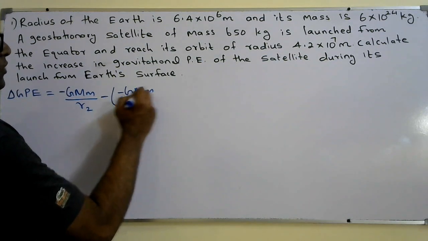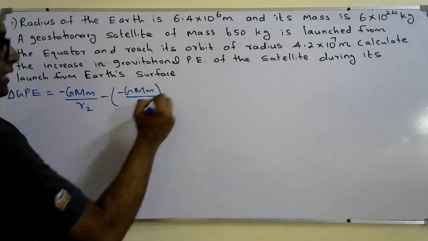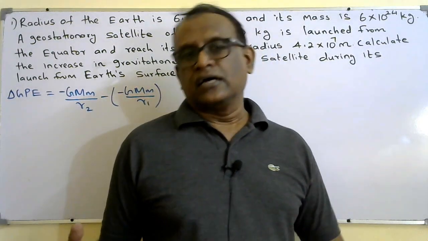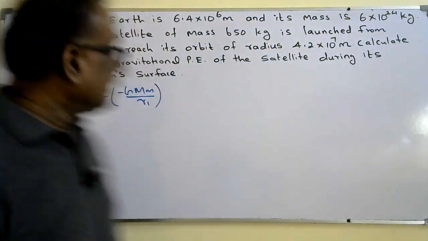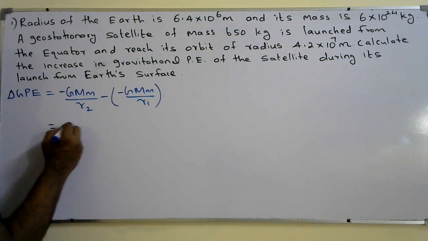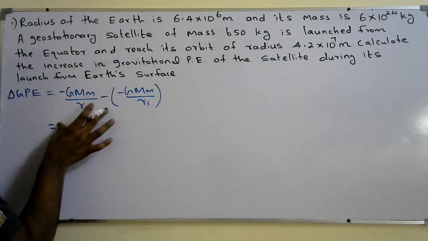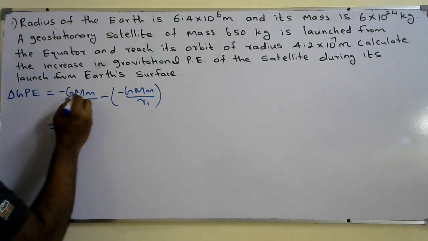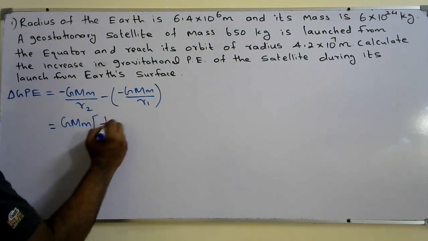So R1 is the radius of the Earth. Okay, so that's going to be minus plus, so it's going to be GMm, we can take it out, times 1 over R1 minus 1 over R2. So that's going to be GMm over R1 minus GMm over R2.